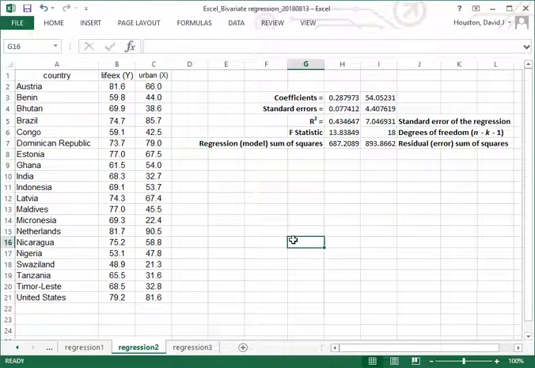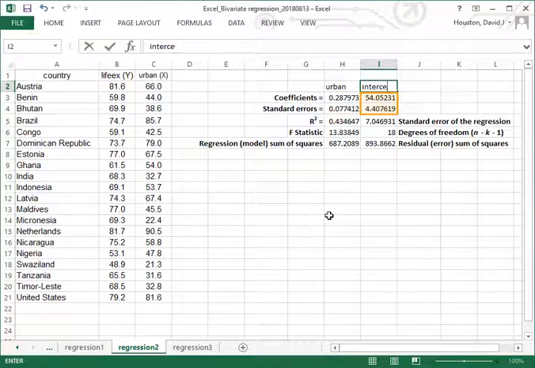Now let's go through the output that we have here. With the 2 columns of information, in the first 2 rows I have already put the labels of coefficient and standard errors just to speed up what we're going through here. The very first column reports the coefficient and standard errors for the variable urban or urbanization. The second column reports the coefficient and the standard error for the intercept or the constant.